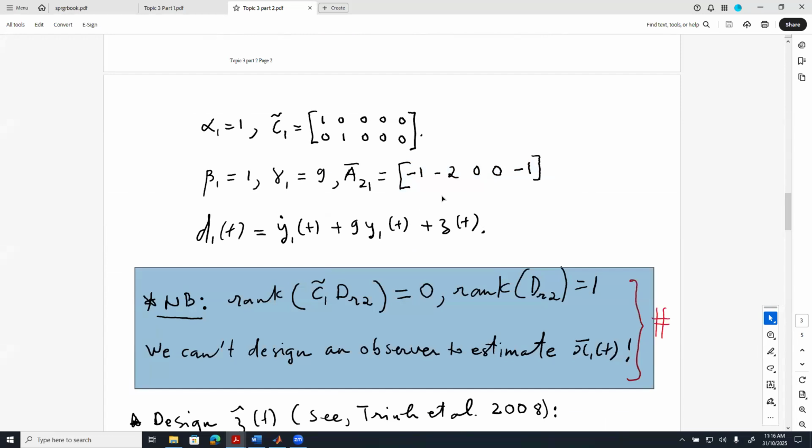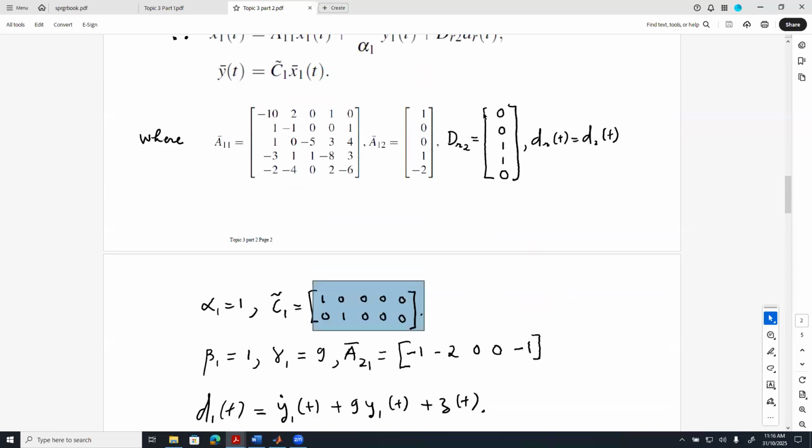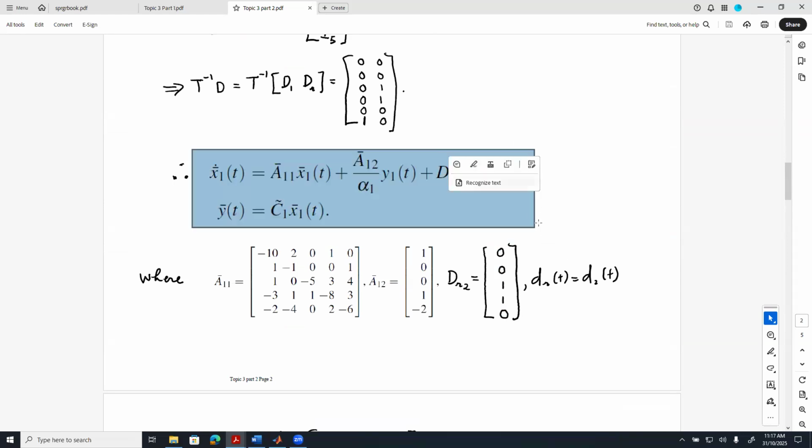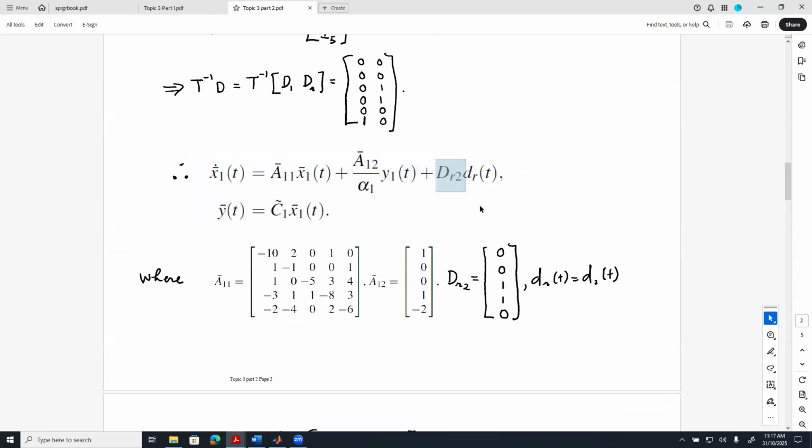All right, when we look at this matrix C1 tilde, and at this unknown input matrix of the reduced order system, which is that bit there, and we multiply C1 tilde by it, we get 0 and 0, whereas the rank of the 2 is 1.